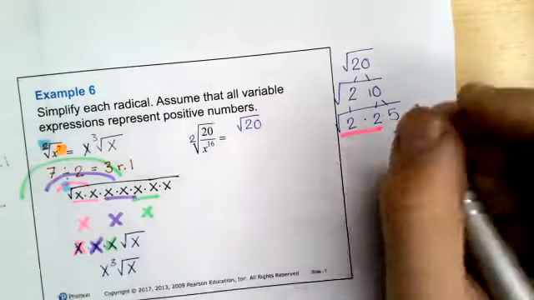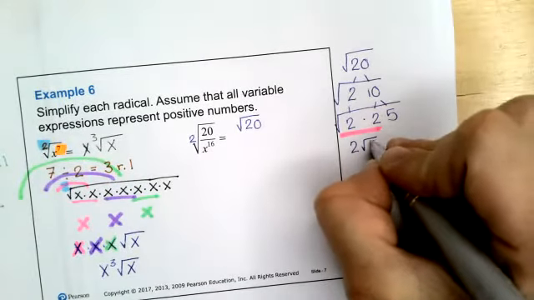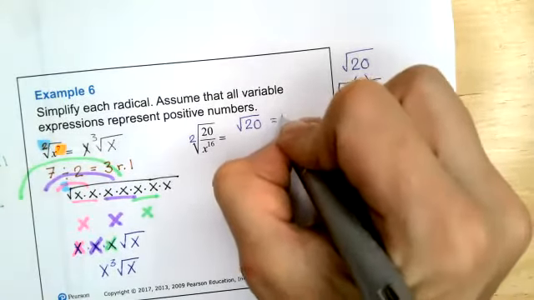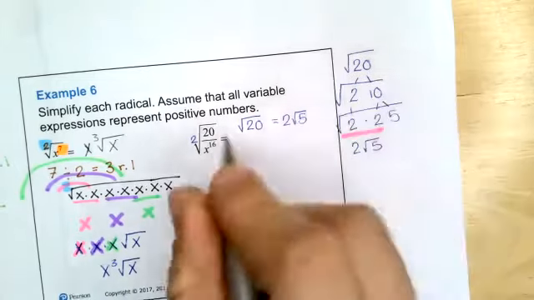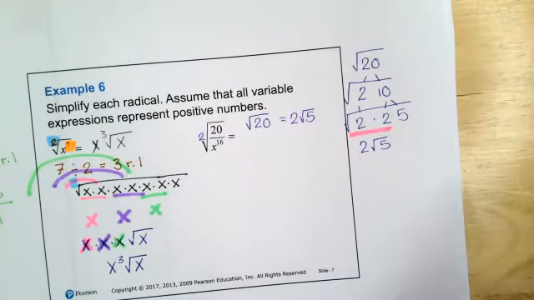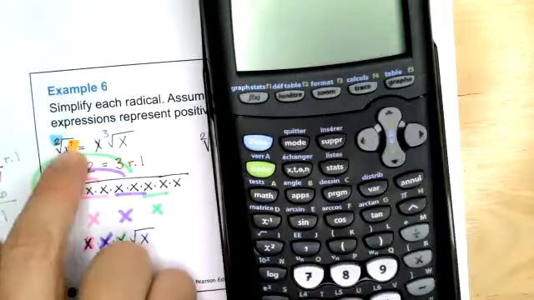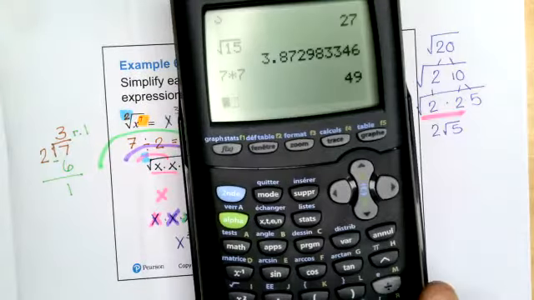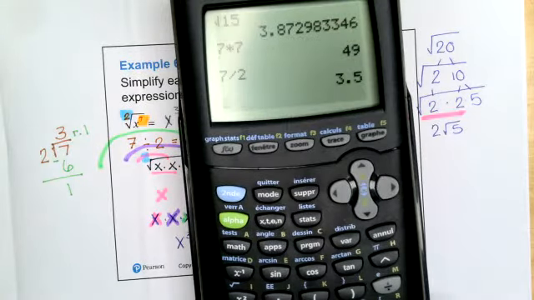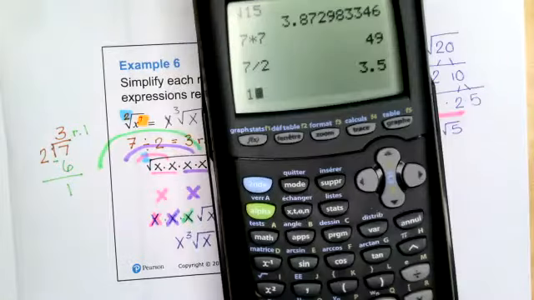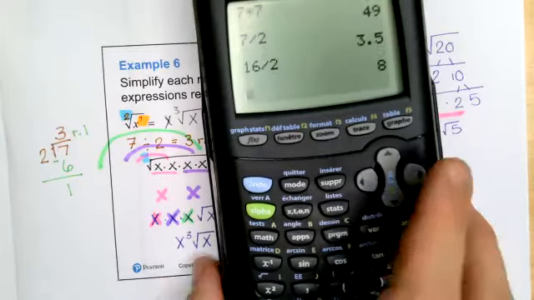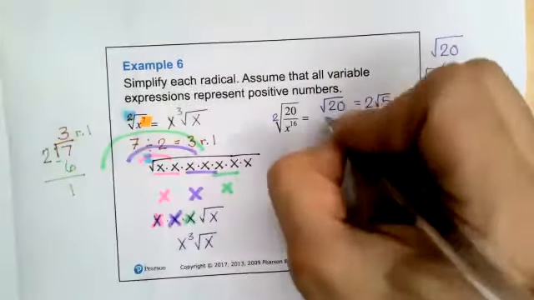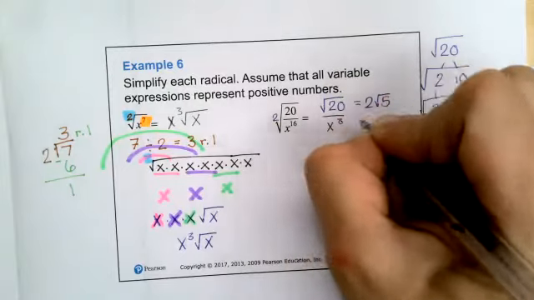So the square root of 20 becomes 2 square root of 5. The x to the 16th: 16 divided by 2 is 8. We can just say that this is x to the 8.